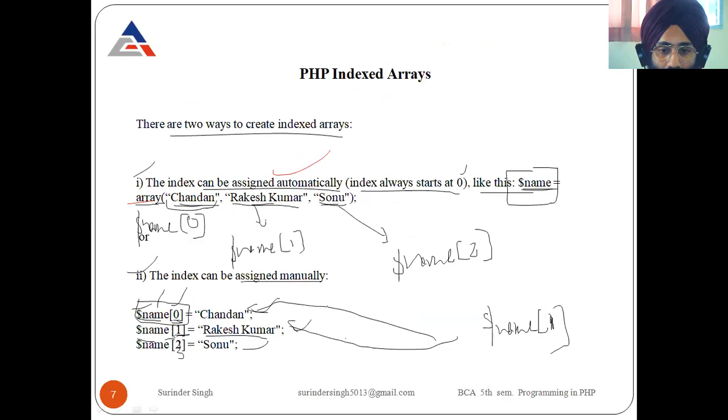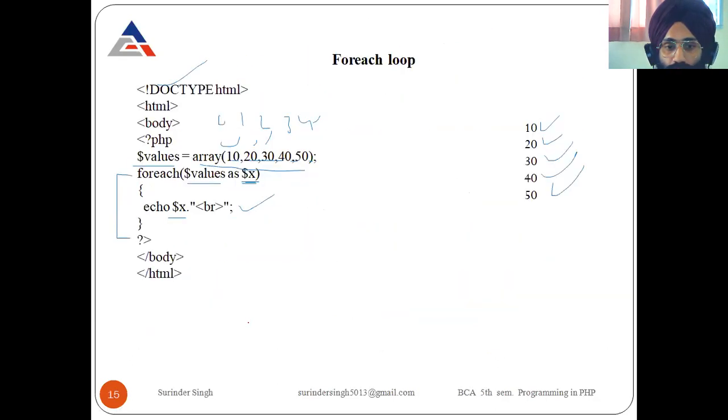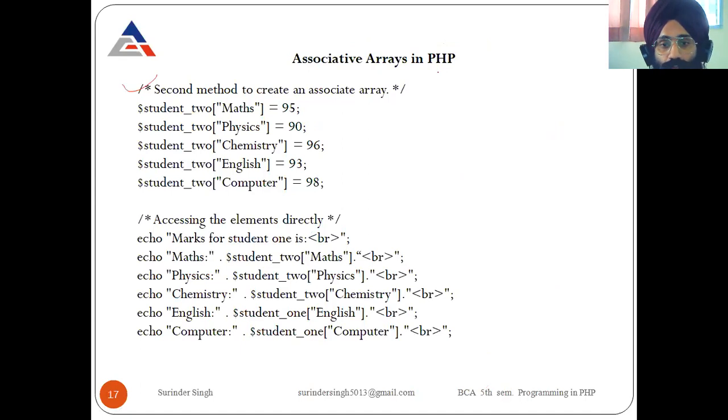And this is the second method, where you manually assign the indexes. This is the same method as we do in the associative array. In place of indexes you have keys. This is the keys and this is the values.